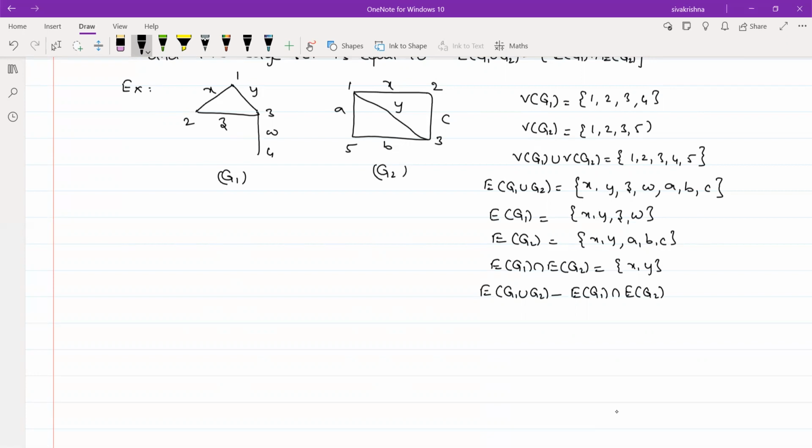It means E of G1 union G2 is equal to X, Y, Z, W, A, B, C minus the intersection of the edges in the graphs G1 and G2, which is X, Y. Okay, if we separate these two sets, we get the elements Z, W, A, B, C. It means the edges present in the ring sum of the graphs G1 and G2 are Z, W, A, B, C. So these edges are only present in the ring sum of G1 and G2.